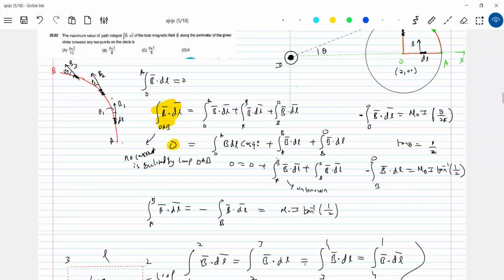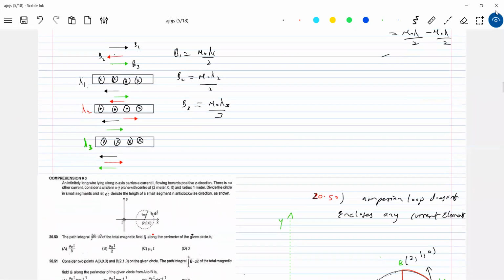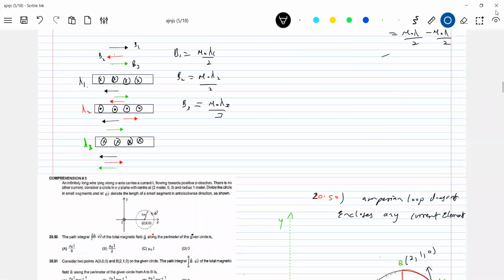What you mean to say is, I think I have space above. I'll do this problem here. This is the x-axis, y-axis.